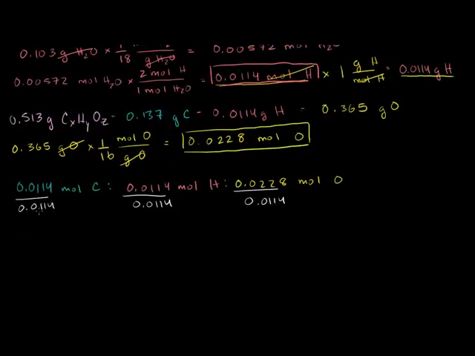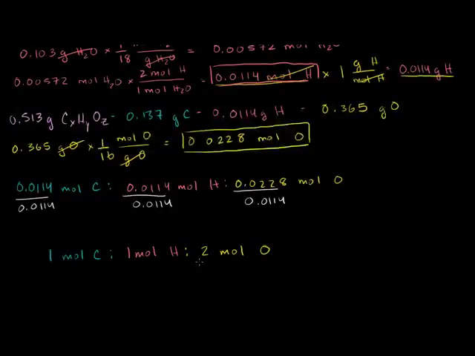What does this turn into? This is just a 1, so this is 1 mole of carbon for every, this is just a 1 right here, for every, I'll do it in the orange color, 1 mole of hydrogen, for every, this is exactly 2, right? 228 divided by 114, that's 2. This is exactly 2. For every 2 moles of oxygen.